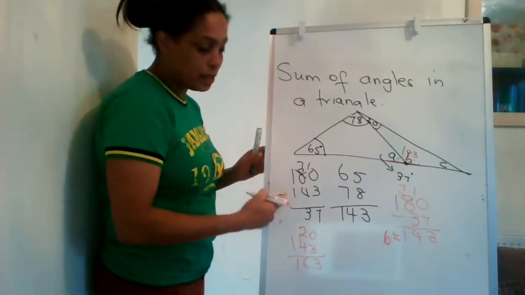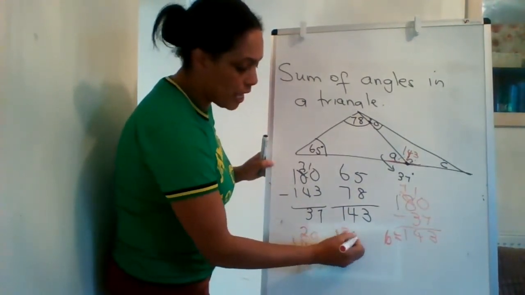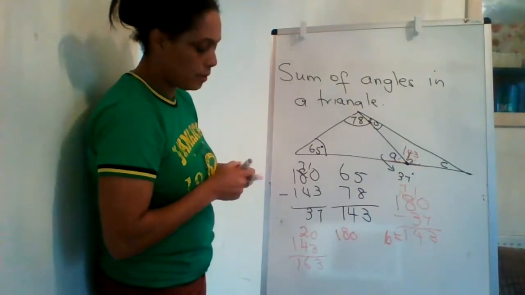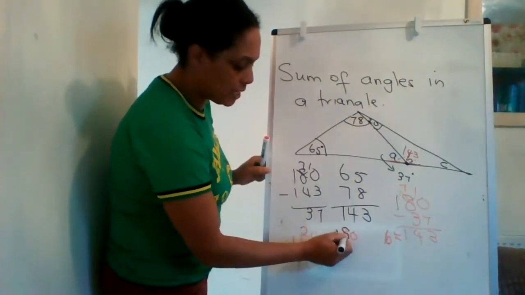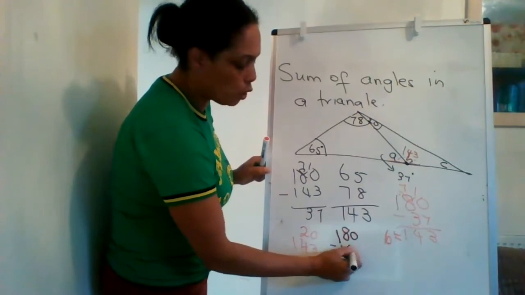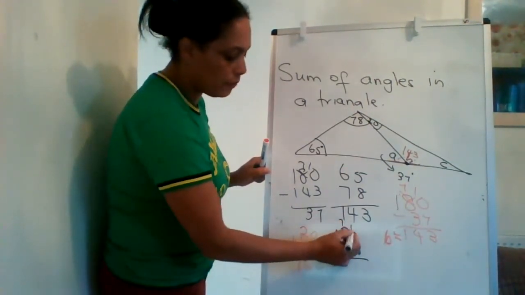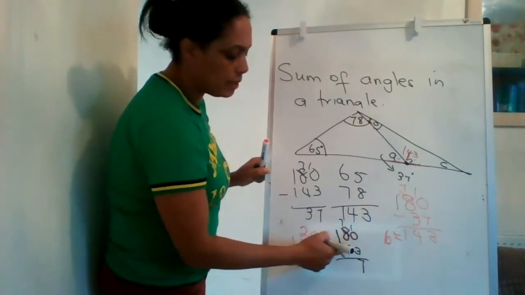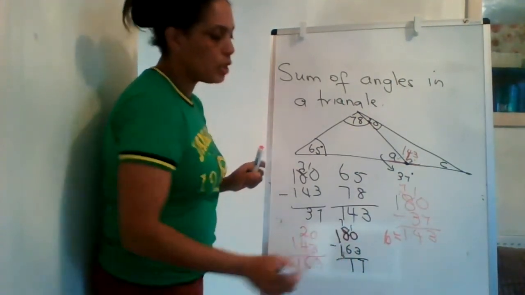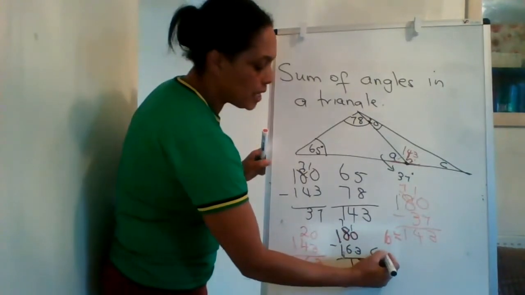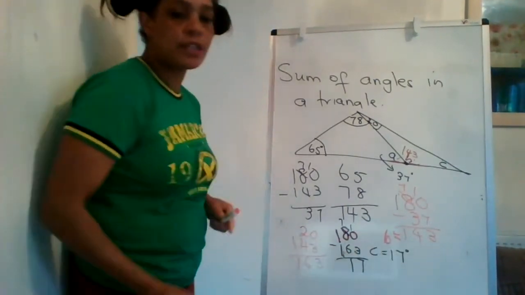That 163, I'm now going to say 180 take away 163. So here we have 3 from 10 leave 7, 6 from 7 leave 1, we have 17. So C is equal to 17 degrees.